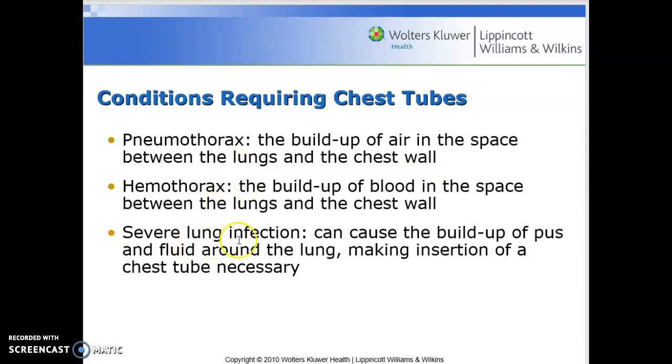And then a severe lung infection can cause the buildup of pus and fluid around the lung. If we put that chest tube in, it's going to remove this infection and that nasty fluid. So that chest tube is put in to remove the fluid that's around the lungs.